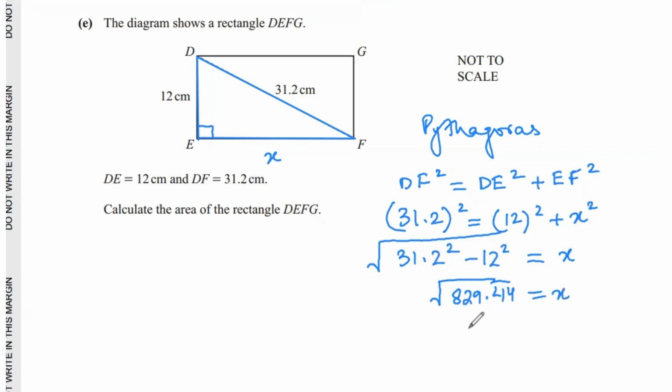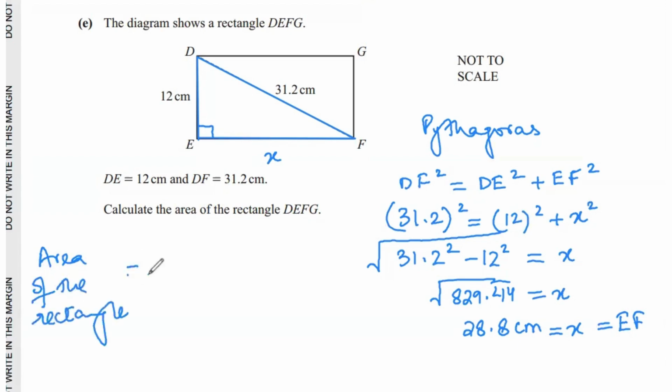And that leaves us with 28.8 centimeters for x, which is also EF. Now that we have EF, we can find the area of the rectangle. It is going to be 12 times 28.8, which will give us 345.6 centimeter square.